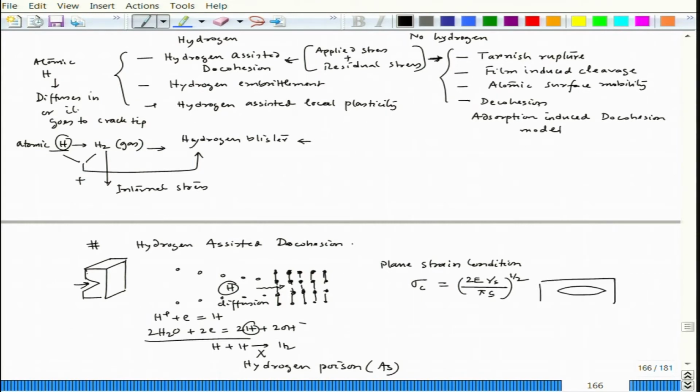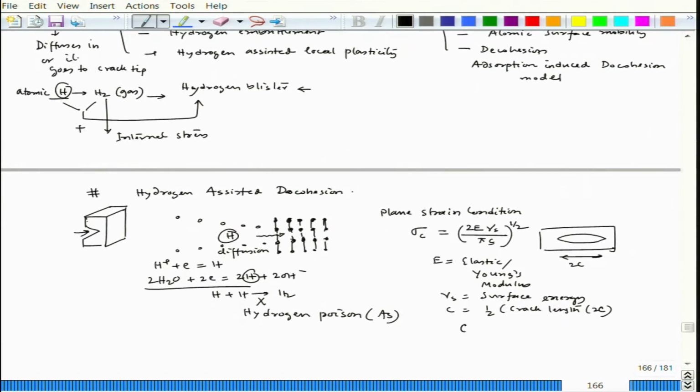If this is a crack in a body, the crack length is 2C, where C is half of the crack length, E is the elastic or Young's modulus, and γs is the surface energy. This is known as the Griffith equation.